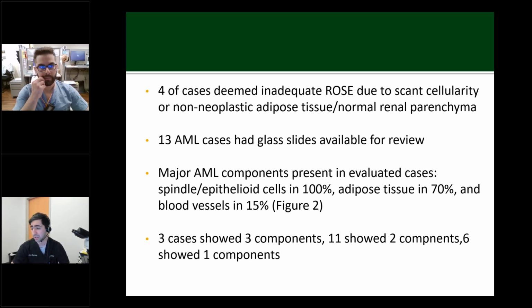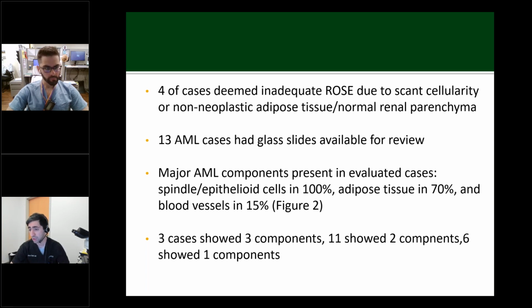The evaluation of the glass slides and the final pathology report reveals the presence of a major angiomyolipoma component. In the cases reviewed, spindle and epithelioid cells were observed in 100% of cases, while adipose tissue was present in 70% and blood vessels in 15%.